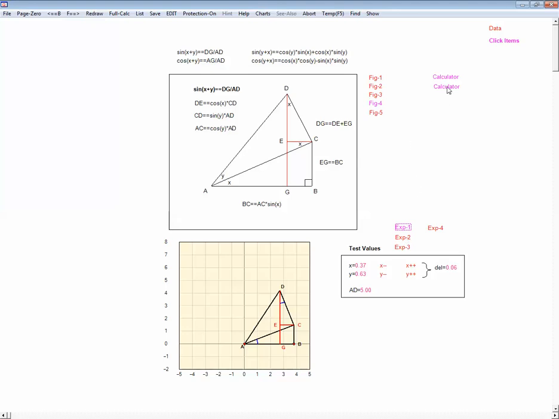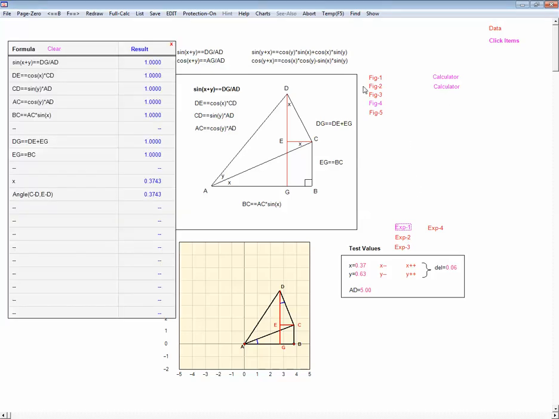Right before that, let me bring up my calculator here. Here are our 4 equalities that we used in our proof, the 4 plus 2. Those are all the equalities that we used in our proof. And this one over here says, yes, they're all true for this particular diagram.